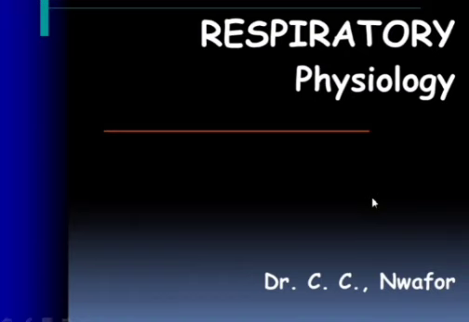The other one is cardiovascular physiology. And then you have GIT and renal physiology. 4 of them. In the exam, you will write 2 systems in one. So CVS and respiratory physiology, they go together.